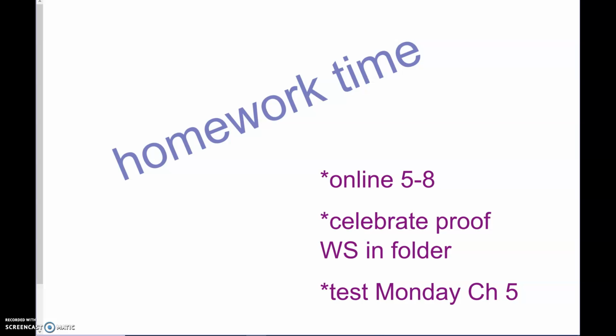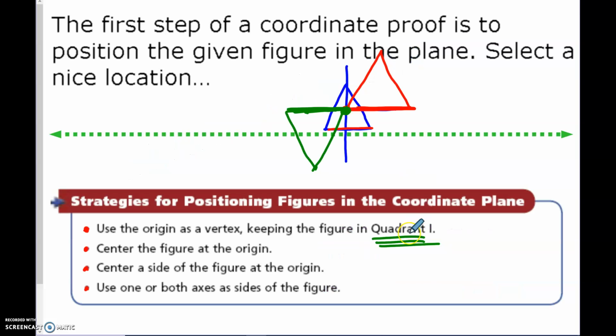We're reviewing now, and then we're going to review a little bit on Monday, and then take your chapter test on Monday. All right, good luck on lesson 5-8. Remember those pertinent things about getting things lined up, using quadrant 1, the origin, and the x and y axes. All right, good luck.